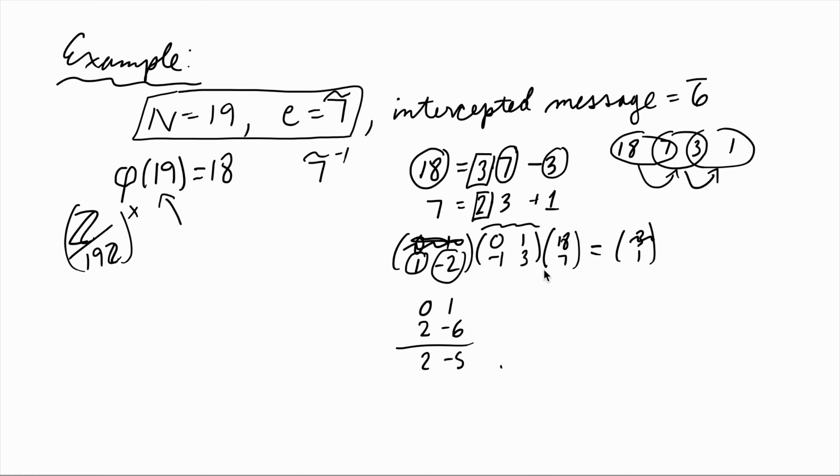Okay, so we end up getting this nice computation. 2, negative 5 times 18, 7 is going to be equal to 1.